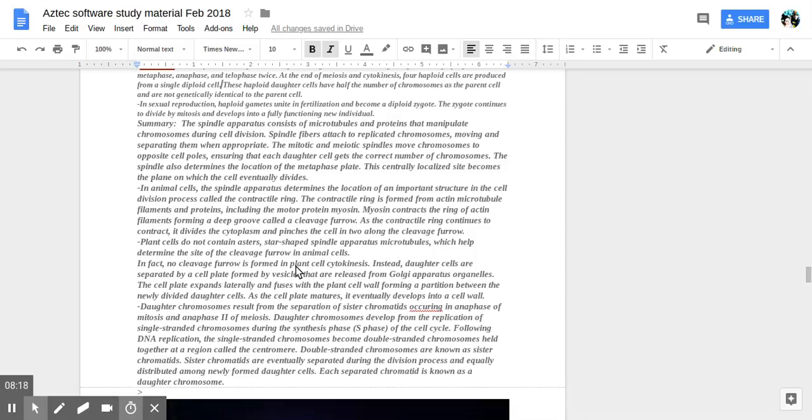As in all cells, following DNA replication, the single-stranded chromosomes become double-stranded chromosomes held together at a region called the centromere. Double-stranded chromosomes are known as sister chromatids, which eventually are separated during the division process and equally distributed among newly formed daughter cells. Each separated chromatid is known as a daughter chromosome.